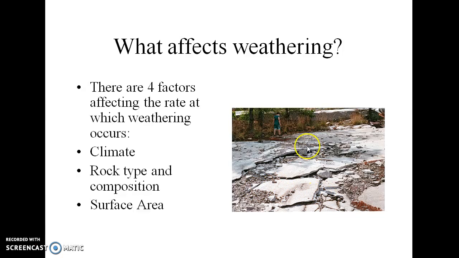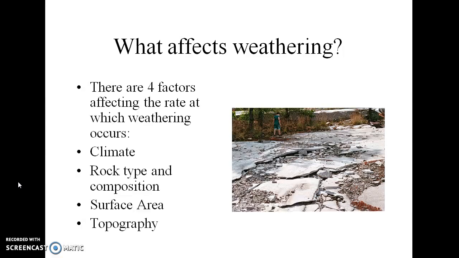There's been some abrasion take place in the floodwaters. But the more surface area being exposed to the atmosphere, the more weathering taking place.